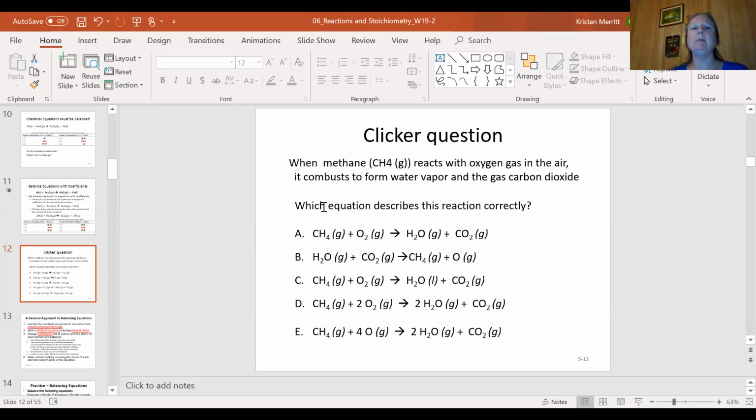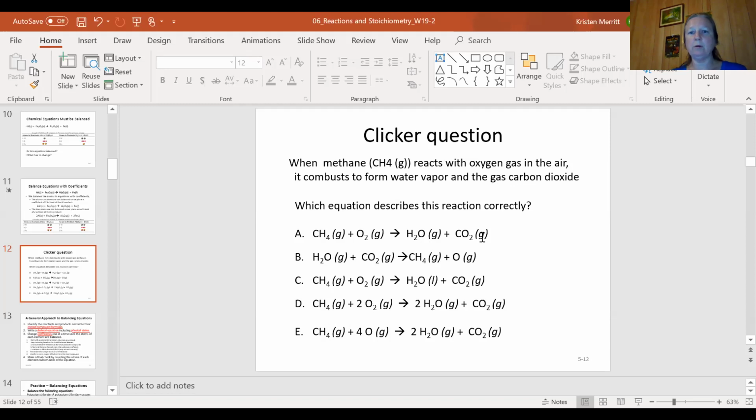Well, first of all, the reactants have to be methane and oxygen. So it's not B, because B is written backwards. Methane and oxygen are all gas for the rest of them. So A, C, D, and E. What are my products? Water vapor, so that's water gas, and carbon dioxide gas, CO2.